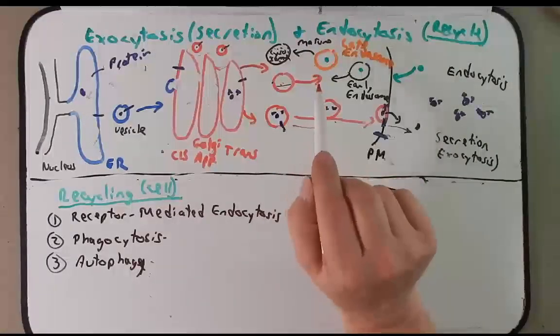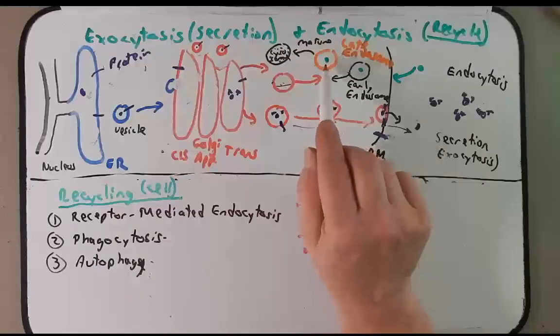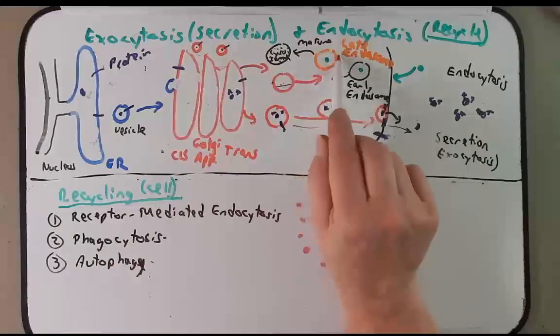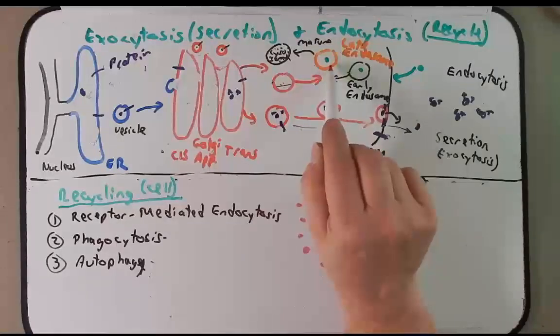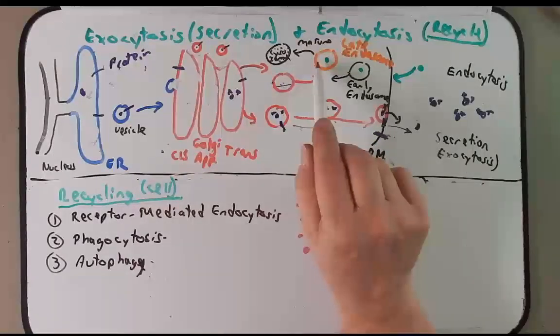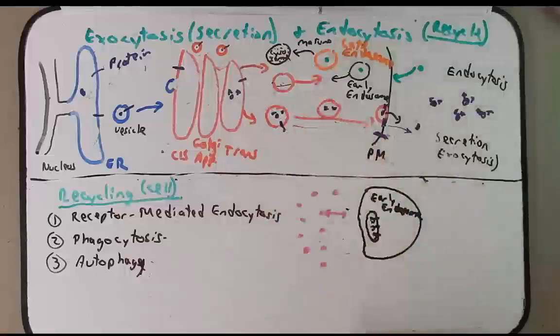But it takes a while for it to become active, because remember, earlier we talked about the low pH of the late endosome. It takes a while for the pH of the late endosome to drop low enough before those enzymes are active. And when they become active, they will begin to degrade that substrate brought in.